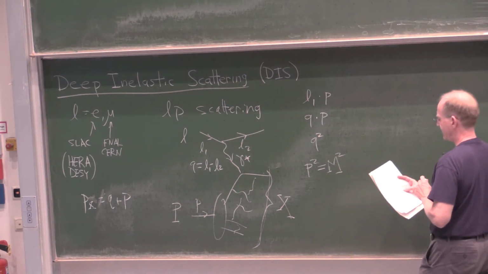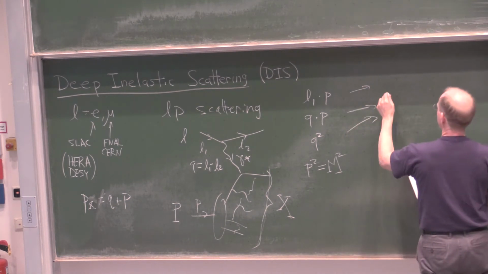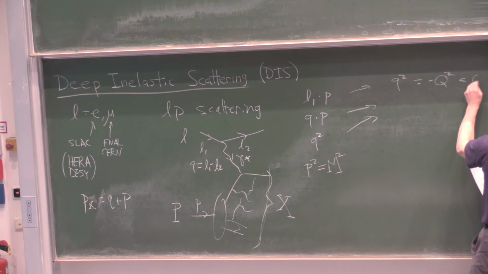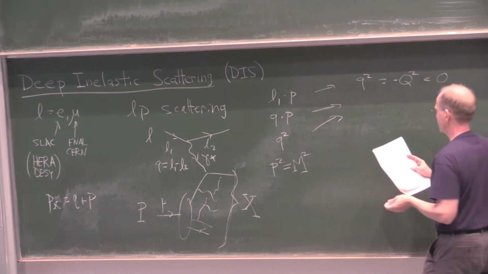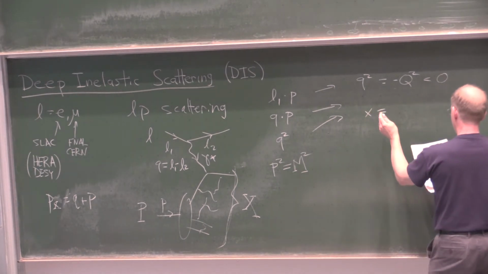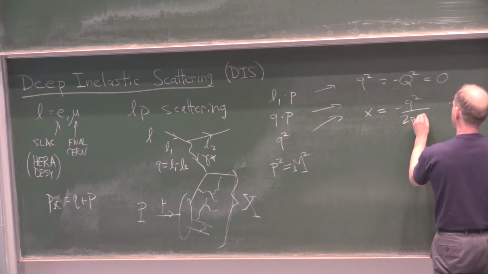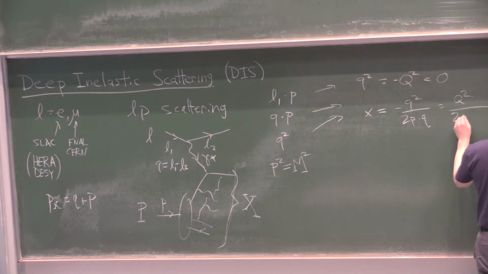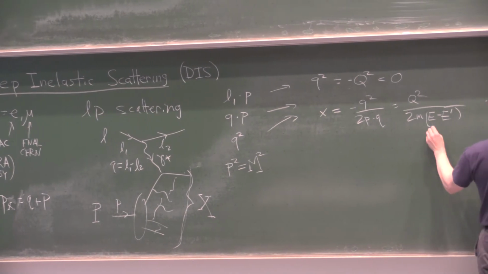So it's convenient to trade these variables for, well, q squared we more or less leave the same, except that we recognize that it's less than 0 and introduce a positive quantity, capital Q squared. And then the variable x is minus q squared over 2 P.q, which is also Q squared over 2M(E minus E prime), where these are the energies of the leptons in the lab frame.